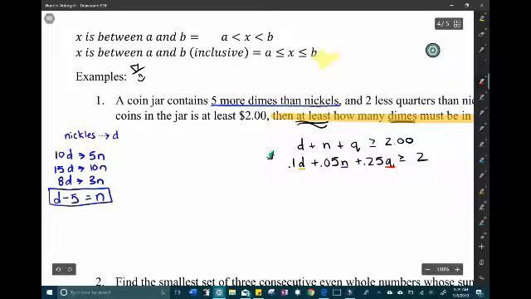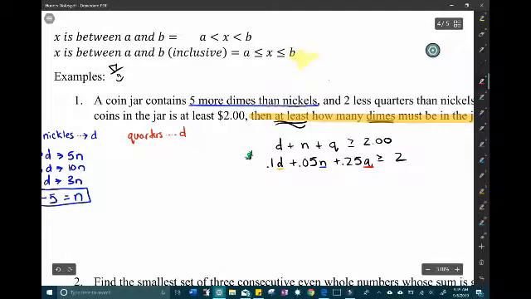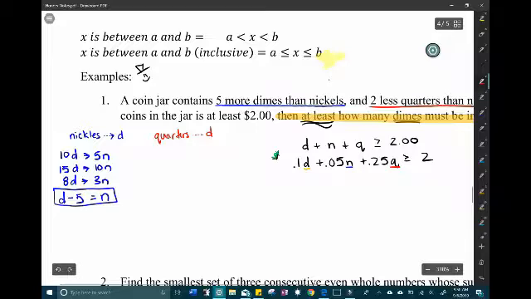The next bit is quarters. Now we want to turn quarters into a statement about dimes. So let's think here first. First, we're actually going to turn it into a statement about nickels. So we have 2 less quarters than nickels. So let's think here. If I have 12 nickels, that means I have 10 quarters.